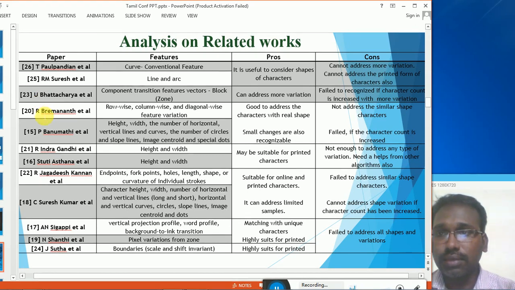Premnath used row-wise, column-wise and diagonal-wise feature variation.